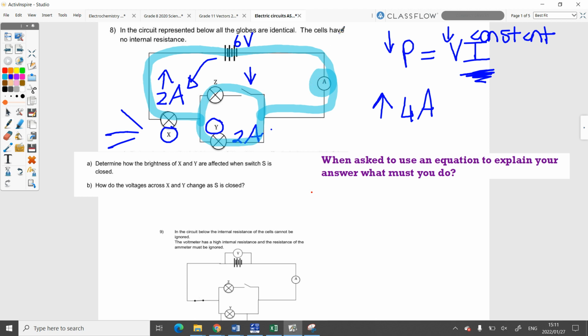So you could have used the equation P equals V times I to explain it. You could have also explained it using the P equals I squared R equation, because I is constant, therefore, as the resistance goes down, which is true for a parallel connection, the power must go down. But if and only if the current remains constant.